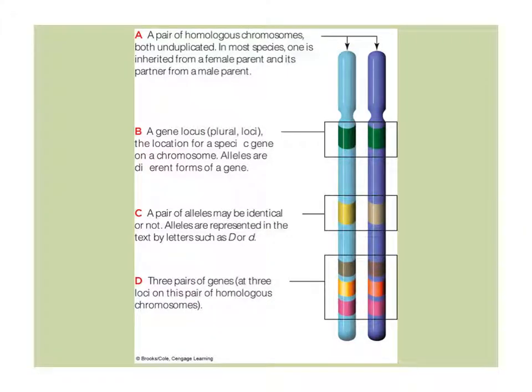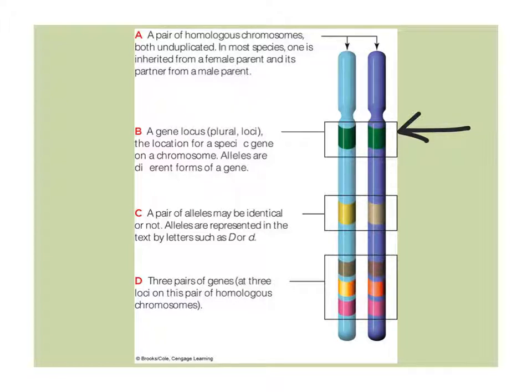Okay, so this is just an example showing two homologous chromosomes, and the gene locus would be the area where the genes are found. They can be identical or not. In this case, the two genes, they're just showing them by colors here, would both be the same. They're both green.